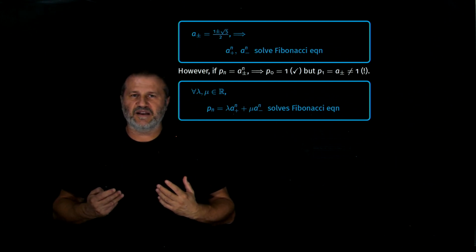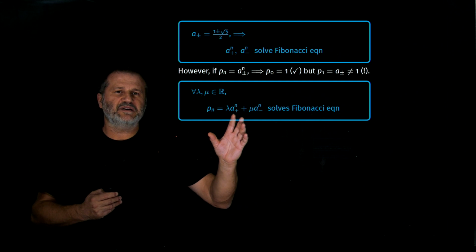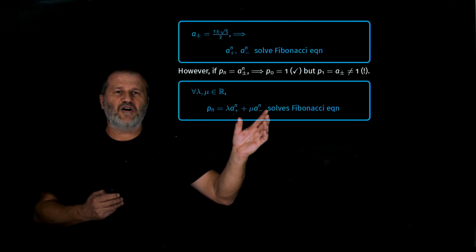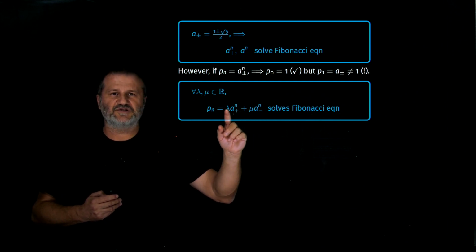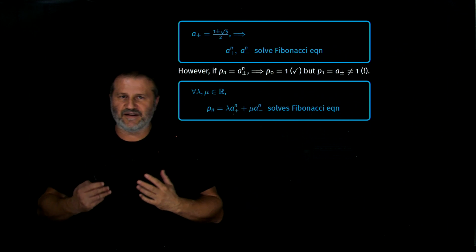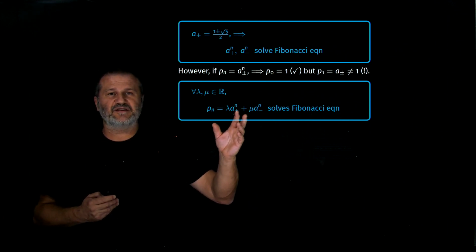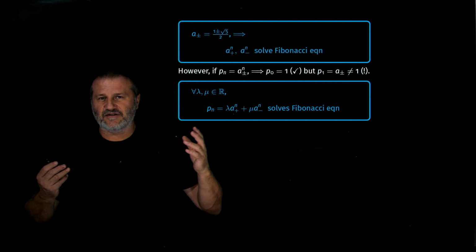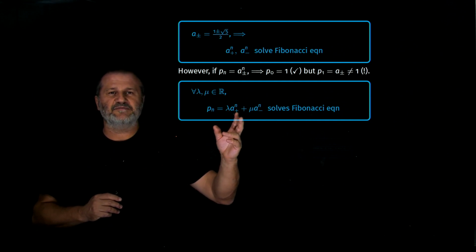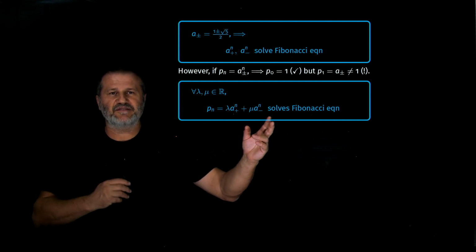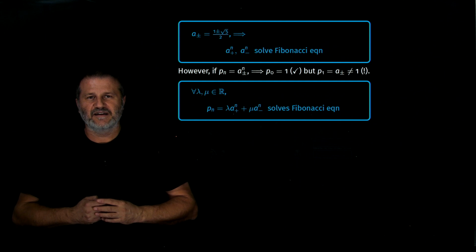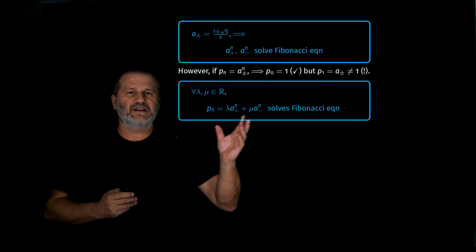What is a linear combination? A linear combination means that we take a sum of multiples of the two solutions, let's say roughly. Something like 3 times the first plus 2 times the second, or 5 times the first minus 7 times the second.